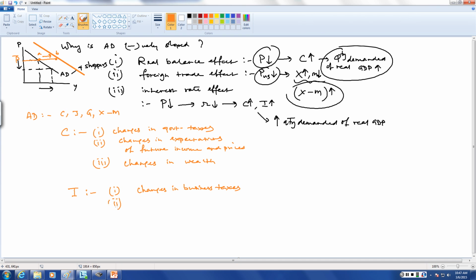Secondly, changes in firms' expectations of future sales and profits. If businesses are optimistic about the future, that's when they will go and buy new machinery. On the other hand, if they are pessimistic about the future, they are unlikely to build new factories, buy new machinery. Is that correct?